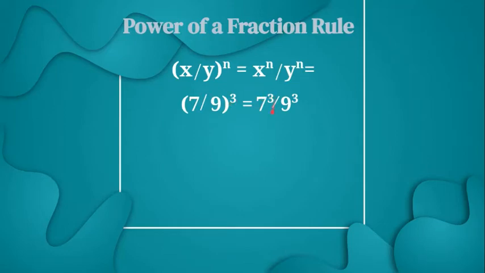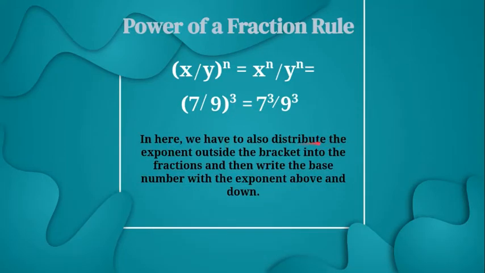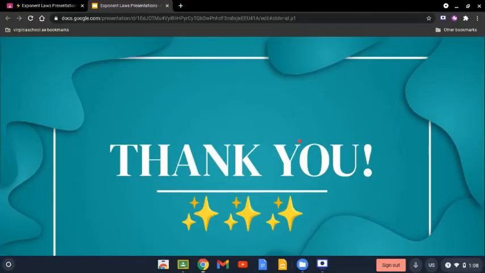So 7 to the power of 3 over 9 to the power of 3. In here, we have to also distribute the exponent outside the bracket into the fraction and then write the base number with the exponent above and below. So 7 to the power of 3 over 9 to the power of 3. And that's it. Thank you.